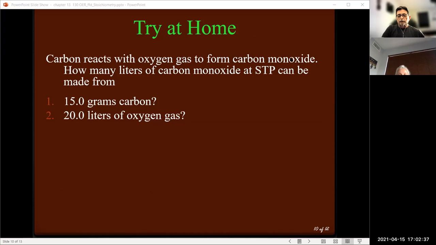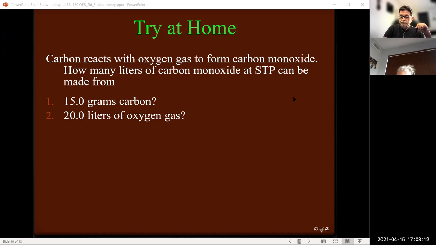All right, now try these at home. This is good for bringing in on Tuesday if you can't work it through, and we can work it through. Carbon reacts with oxygen gas to form carbon monoxide. How many liters of carbon monoxide at STP can be made if you start off with 15 grams of carbon in the first question? Second question: how many liters of carbon monoxide at STP can be made from 20 liters of oxygen gas present?